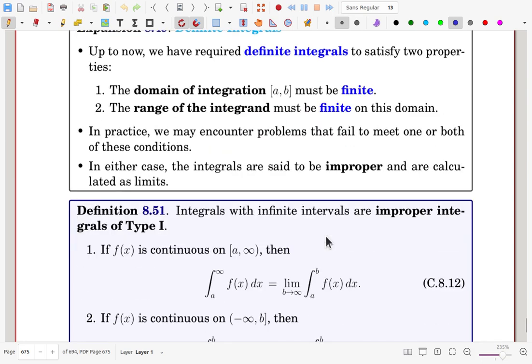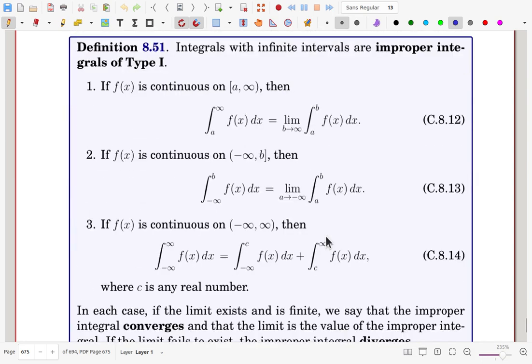Let's see this definition. This is the case when the interval is infinite. We have three subcases. f is defined from a to infinity.